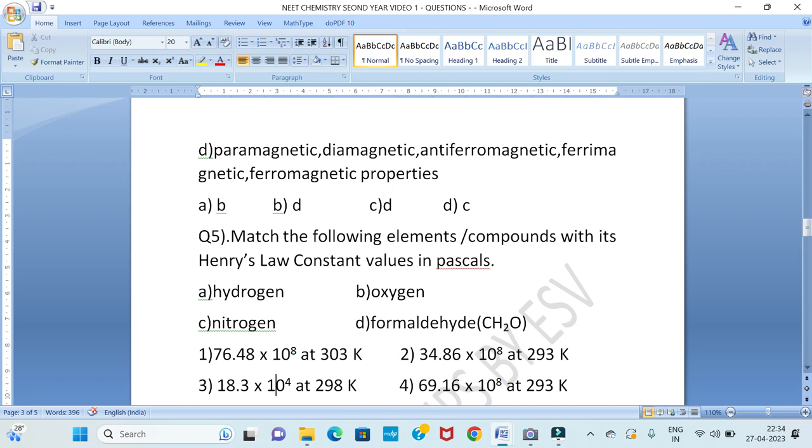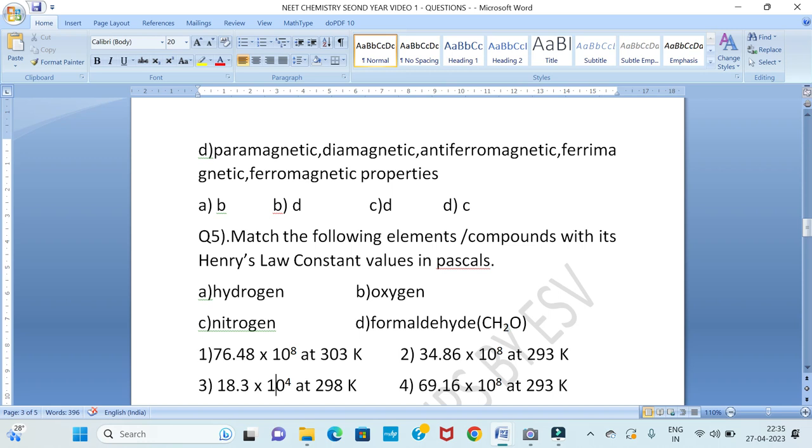But the examiner will ask in a different way. The examiner confuses you: in the book the constant values are in kilobars, but they are asking in pascals.